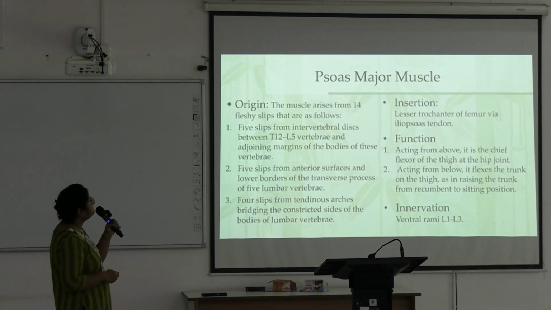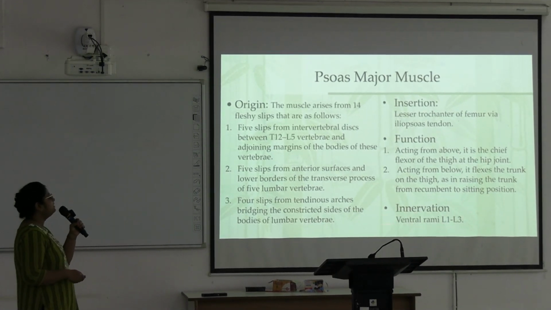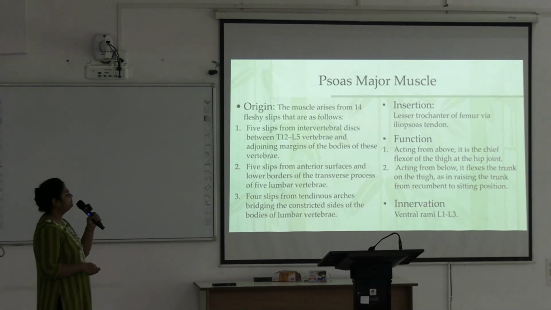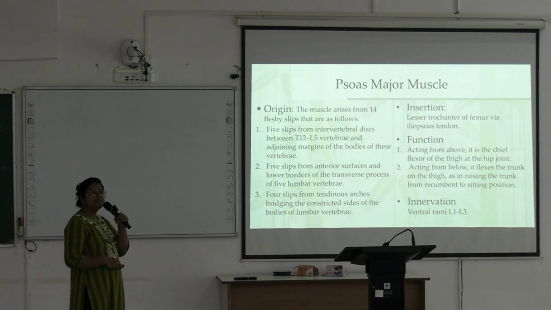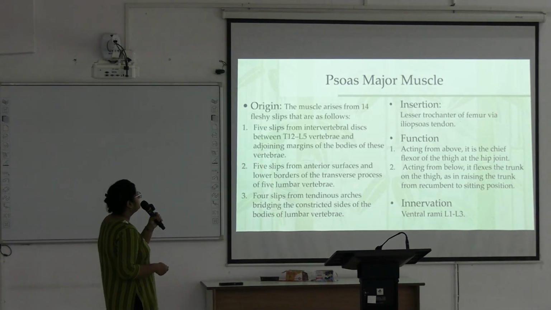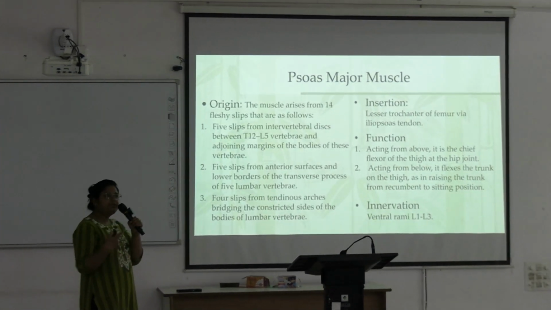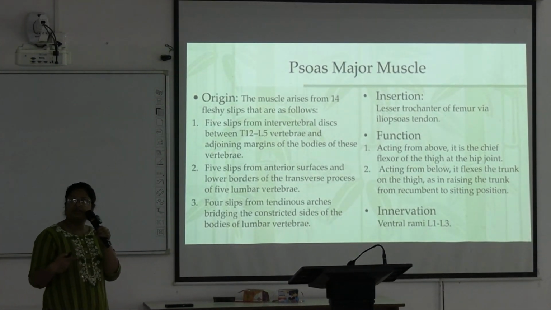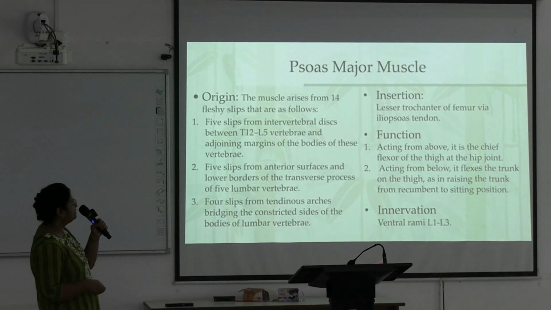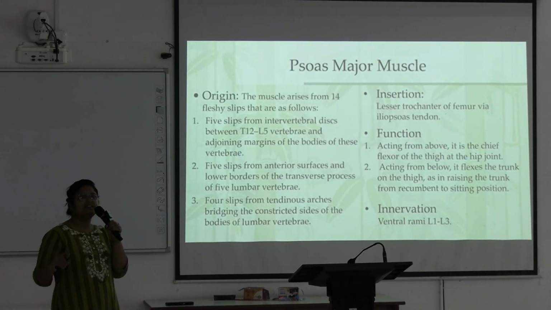Innervation is via ventral rami of L1 to L3 nerves. If it comes as a short note, you have to write all these 4 points. In OSPE questions also all these points can be asked as related questions.